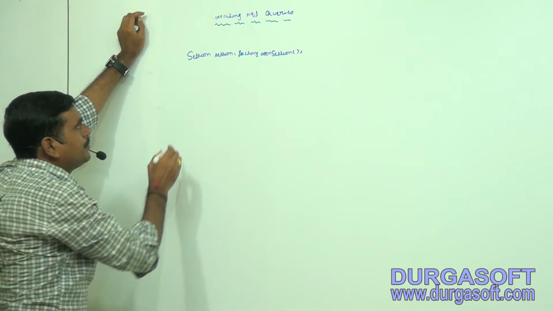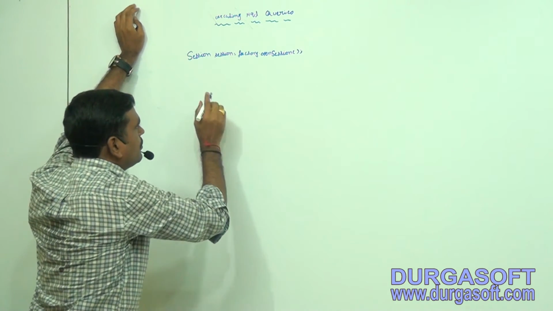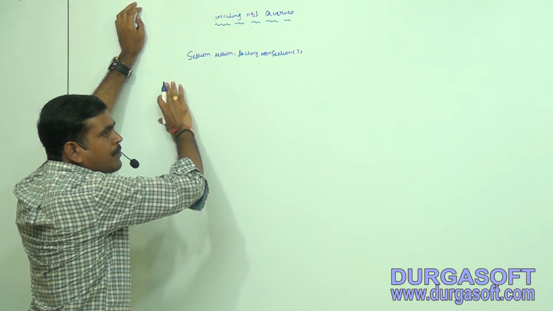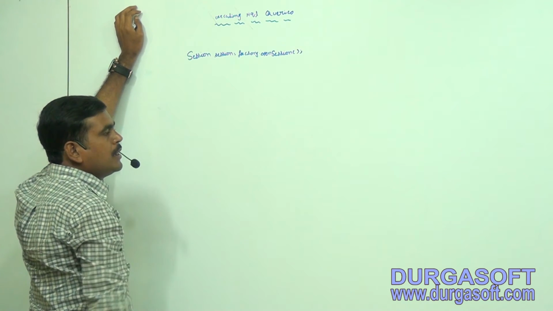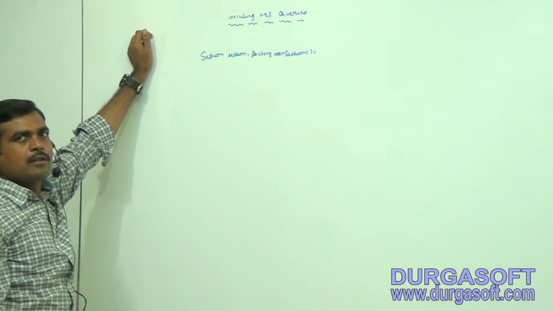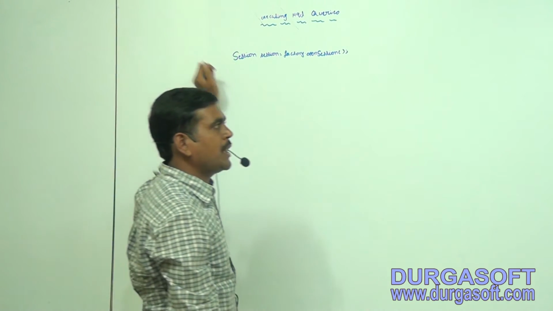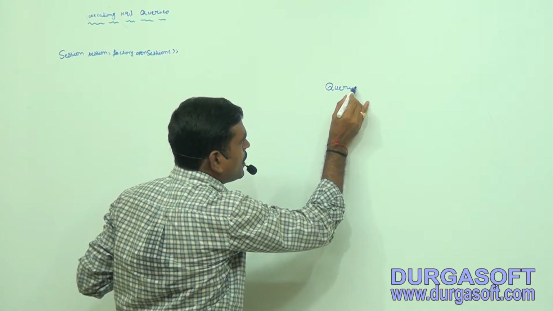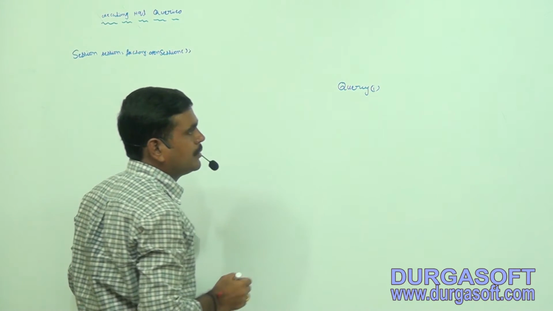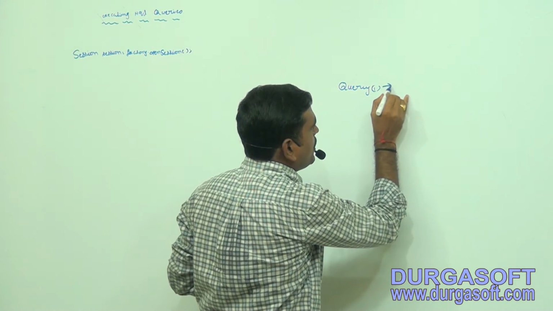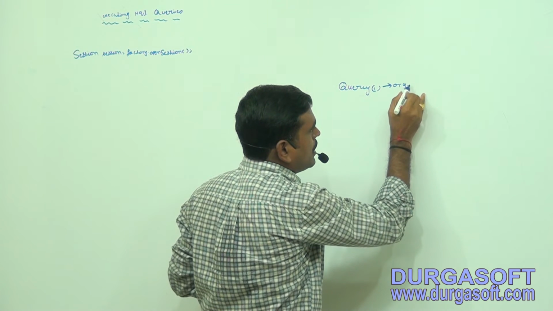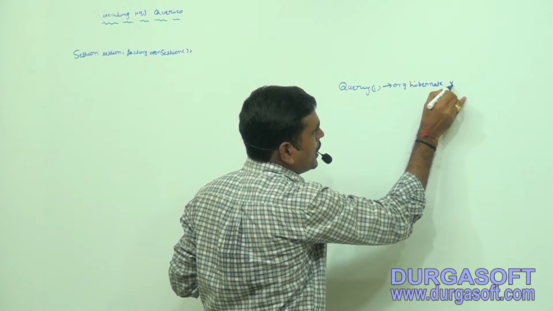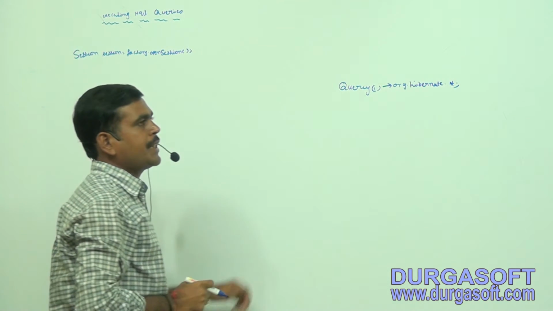The next after that, if we want to send the HQL query from the front-end application to the back-end application, here we need to get the query object. Query is an interface. This interface is available in the org.hibernate package.